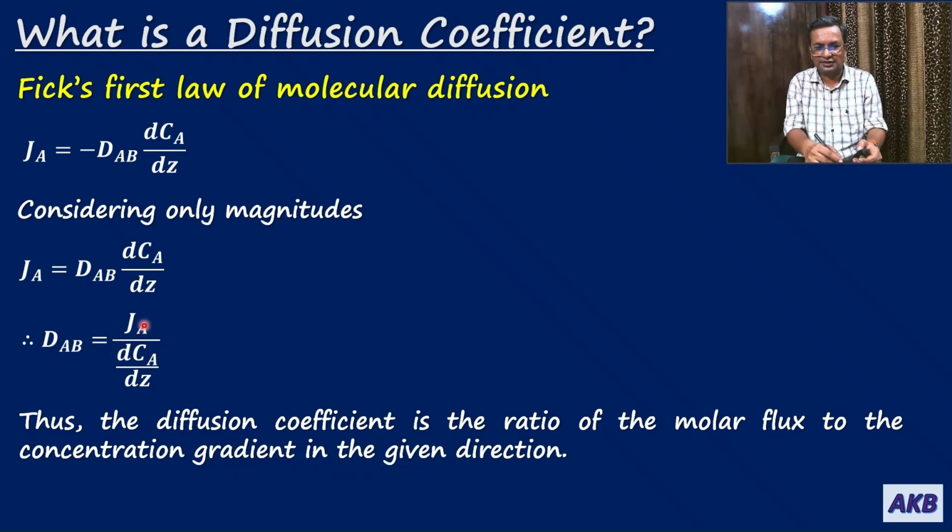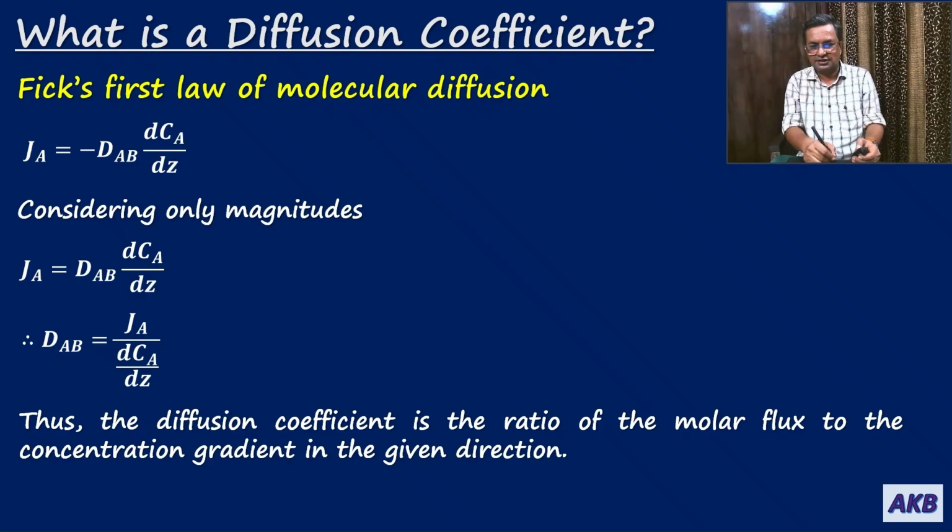It is the ratio of the molar flux of A to the concentration gradient of A in the given direction. And as I said, if dCA by dZ is 1, then DAB will be equal to JA.